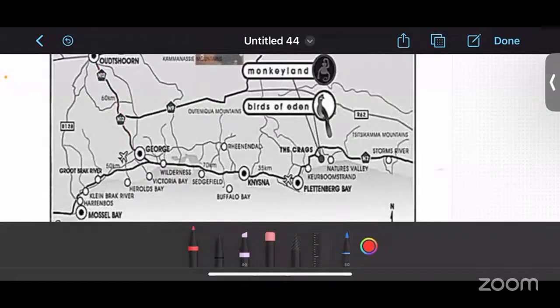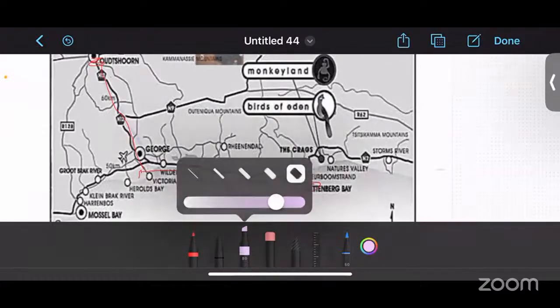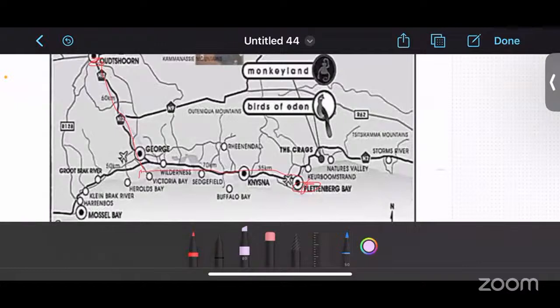So they want to know if he is traveling from Oudtshoorn to Plettenberg. And then they decide to stop after 130. So that means they're going to take this road, go down, and then when they get here, they go down with it to Knysna. Okay. So now from here to here is 60 kilometers.